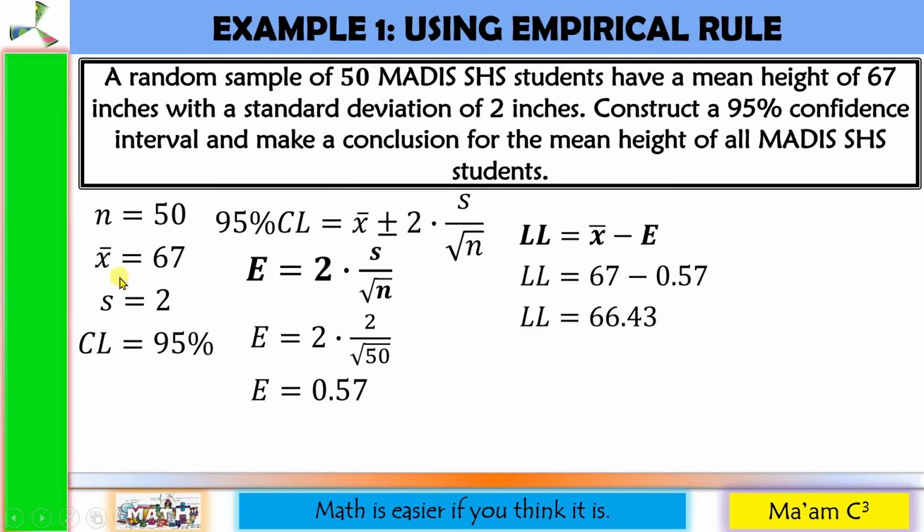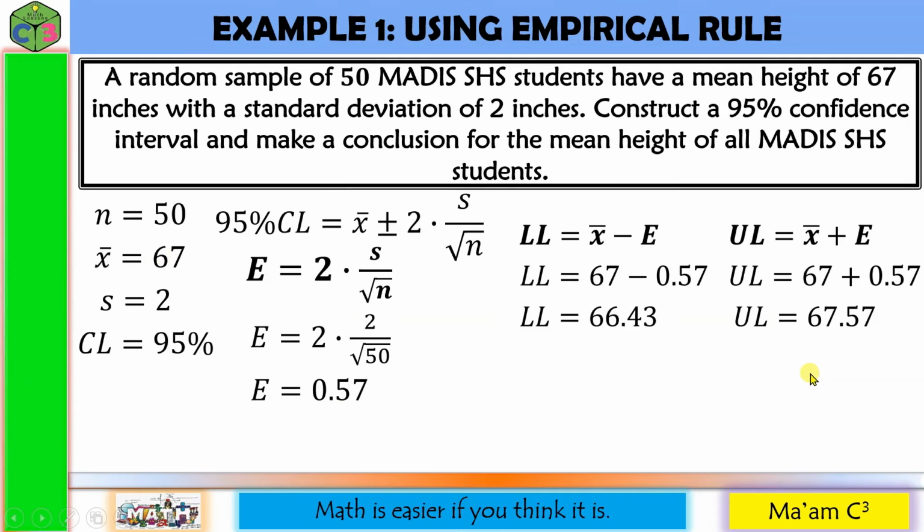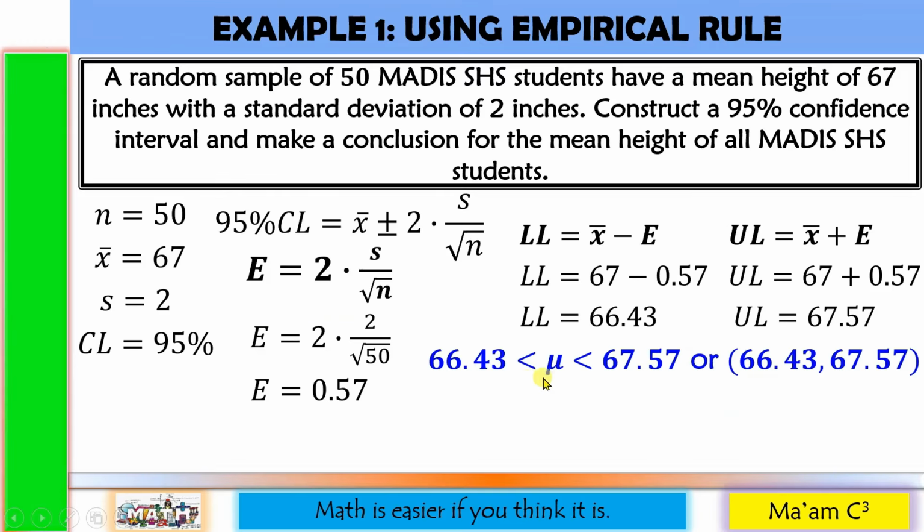Now let us compute for the upper limit. That is equal to the sample mean plus the margin of error. Let us substitute the values, and this will give us 67.57. For the confidence interval, it would be mu is less than 67.57 but greater than 66.43.